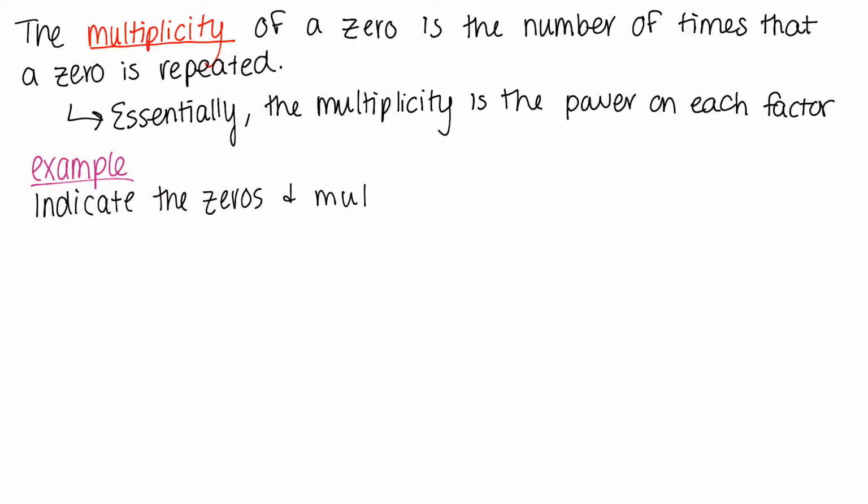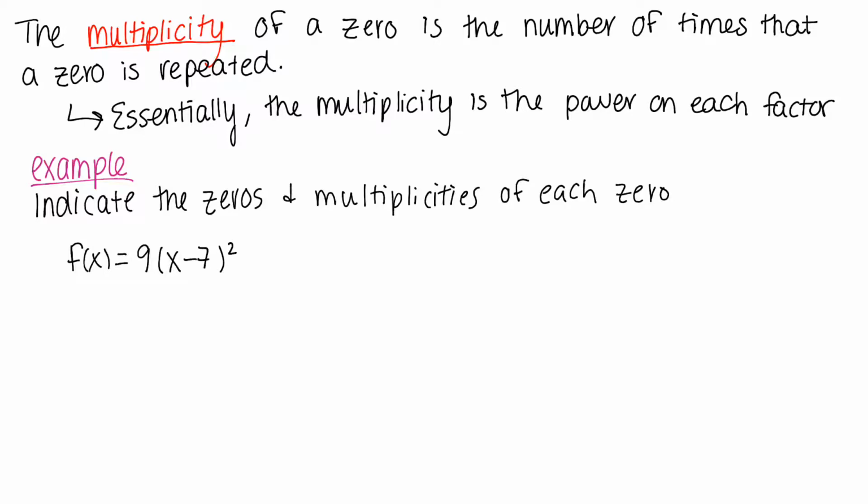So we're going to find the zeros and the multiplicities of each of those zeros from a factored polynomial. Also, the word multiplicities is really long to write out. Just thought I'd throw that out there. All right, so we have 9 times x minus 7 squared, x plus 6 squared, x minus 4 cubed.